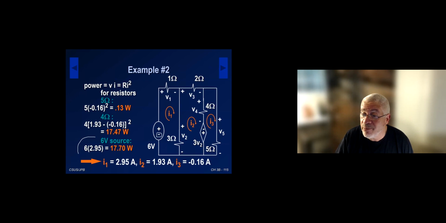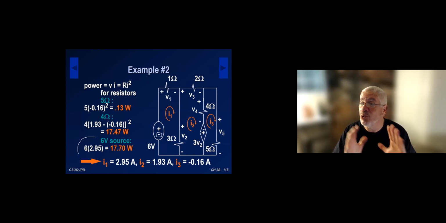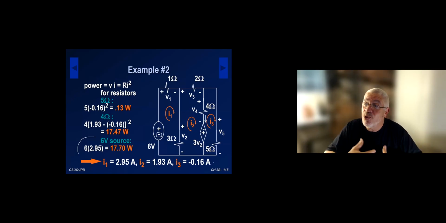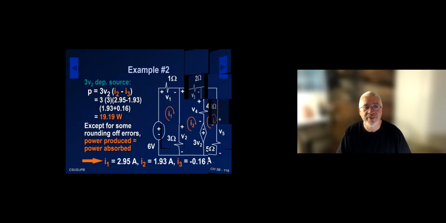So how about the dependent source? It's a little trickier because, of course, the dependent source is between 2 meshes, so it needs to have both currents. For the dependent source, I need the current that's going down this way, so that it satisfies the active sign convention. So the way I'm going to calculate the power for the dependent source, it's going to be the voltage, which is 3V2, times that current, which is I2 minus I3.